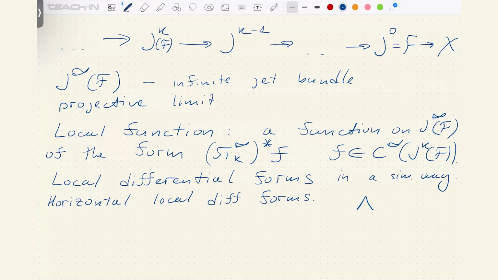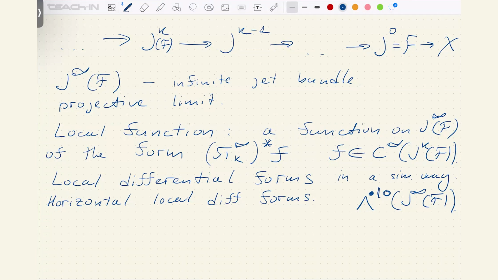Let's denote them by Ω^(l,0). This is the degree of the differential form, the horizontal degree, and the vertical degree is 0. In fact, one can show, we don't need this, but in principle, one can introduce vertical and horizontal forms and the mixed ones. So this explains why the notation is like this.